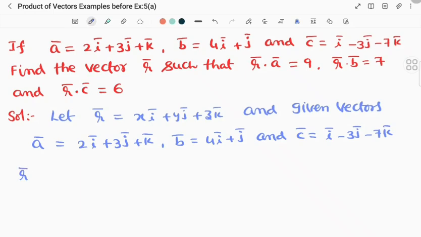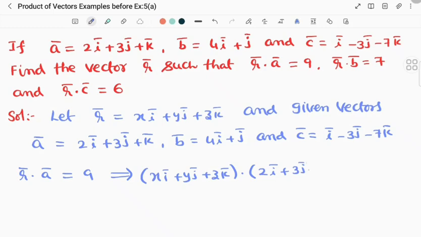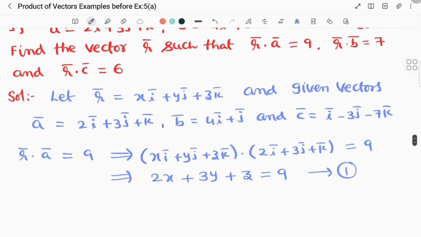Now r bar dot a bar equal to 9. That implies r bar vector xi plus yj plus zk dot a bar value 2i plus 3j plus k is equal to 9. So by using dot product, x into 2, so 2x, y into 3, so 3y, plus z into 1 is equal to 9. Keep that equation number 1.